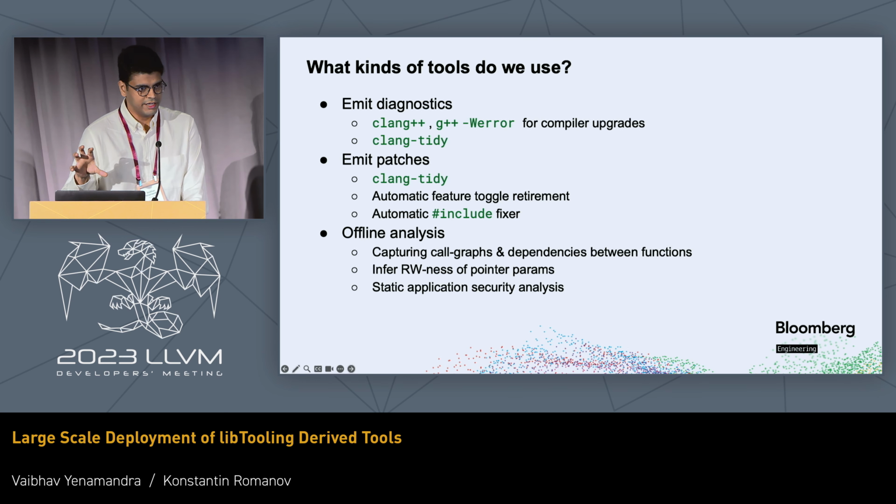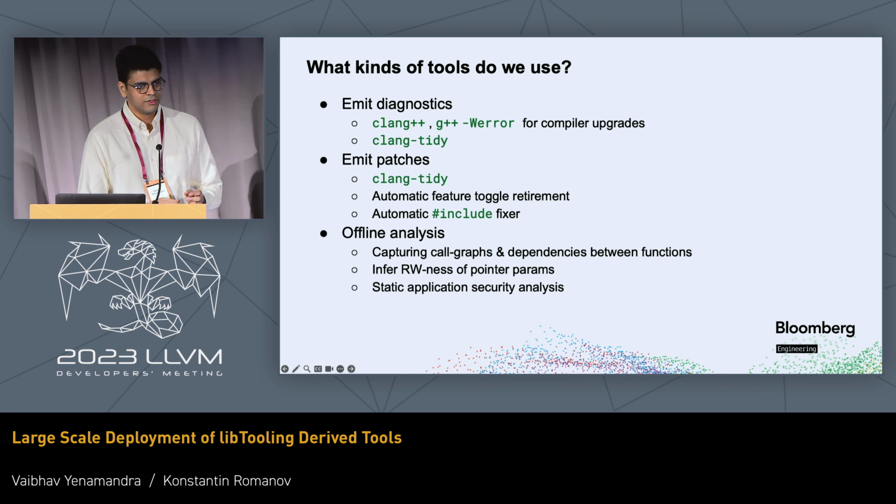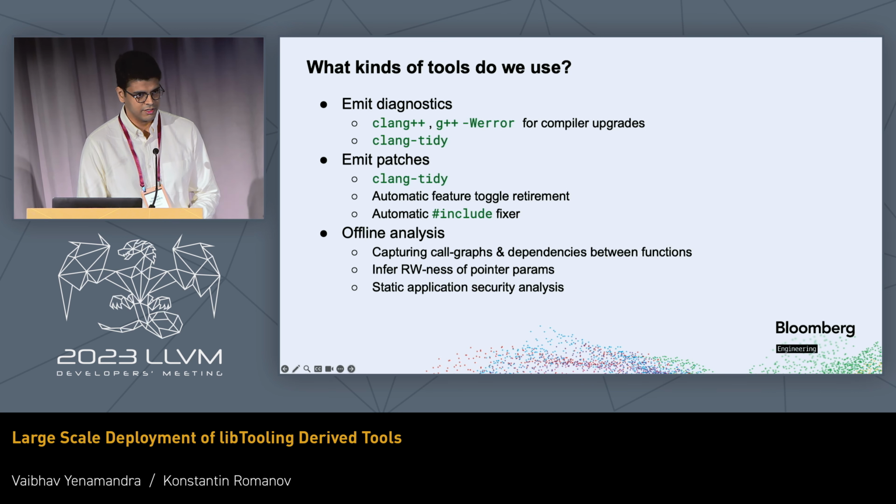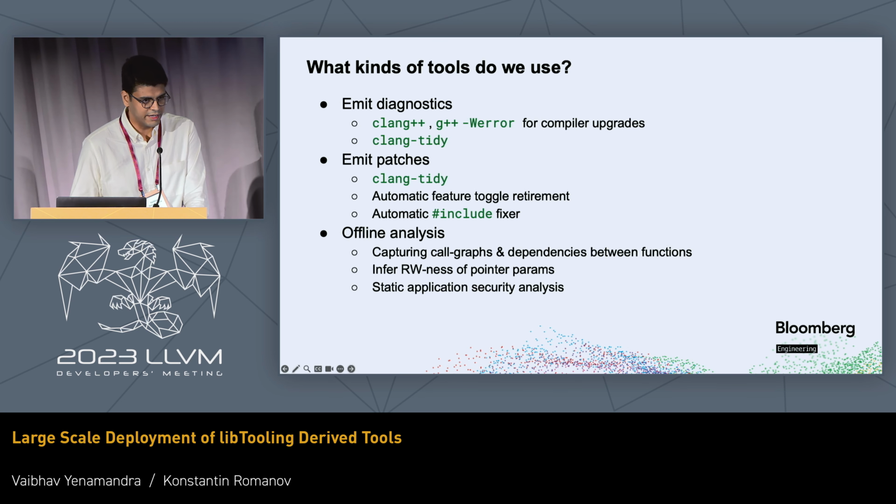Then the other category is things that are better phrased as offline tools, because they are generally part of a multi-stage process. For example, you could collect data in the first step about the call graph of a function and then use it later to infer some other piece of information. Among these are also things like static security analysis.